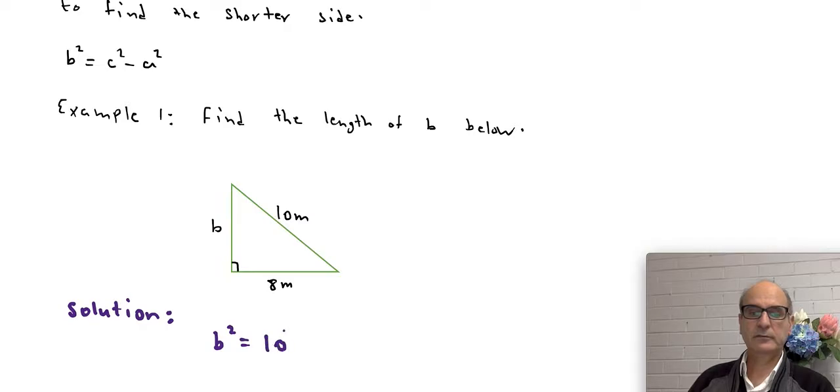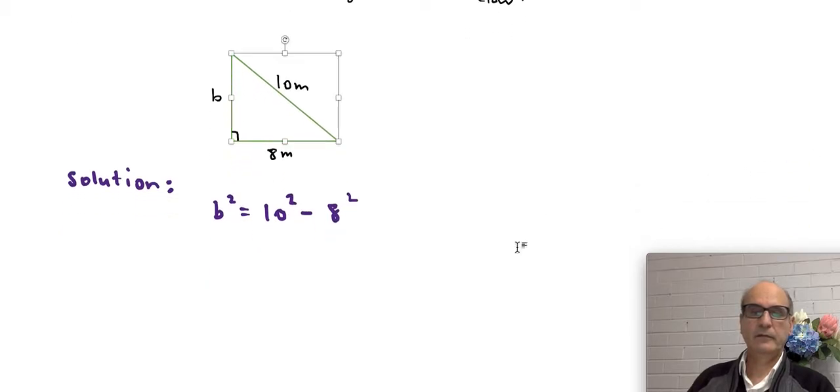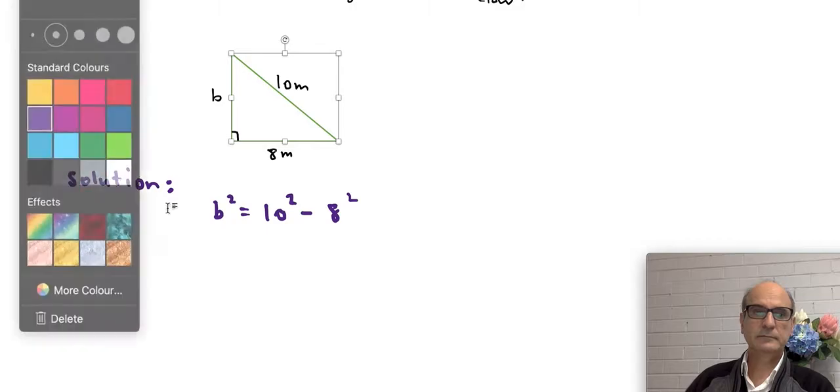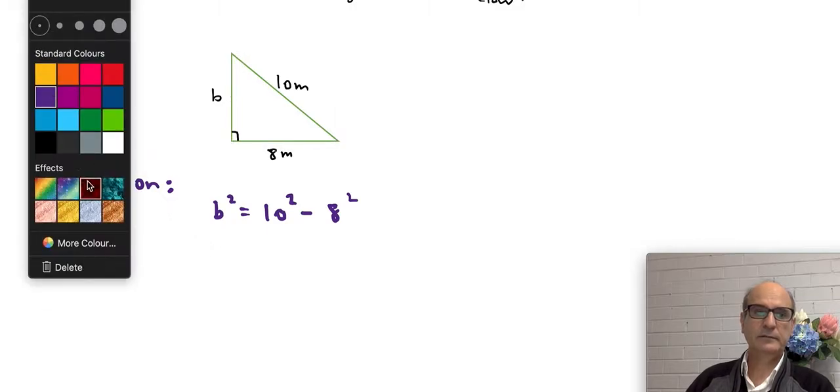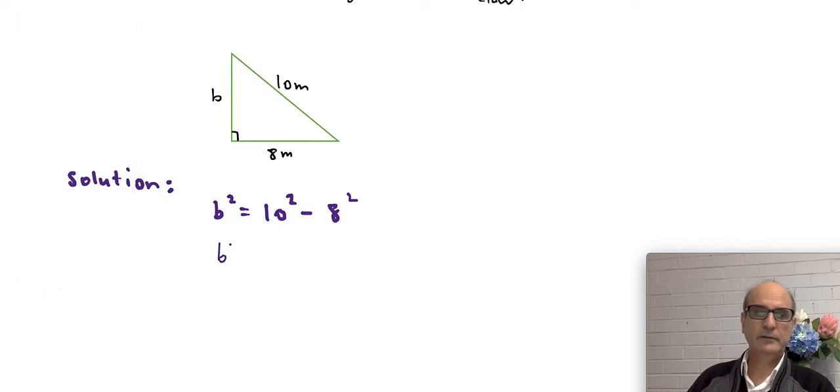So 10 squared minus a, which is the other side that they have given you, 8 squared. 10 squared is 100 minus 8 squared is 64. 8 squared means 8 times 8, 10 squared means 10 times 10. So b squared equals 100 take away 64, which is 36.